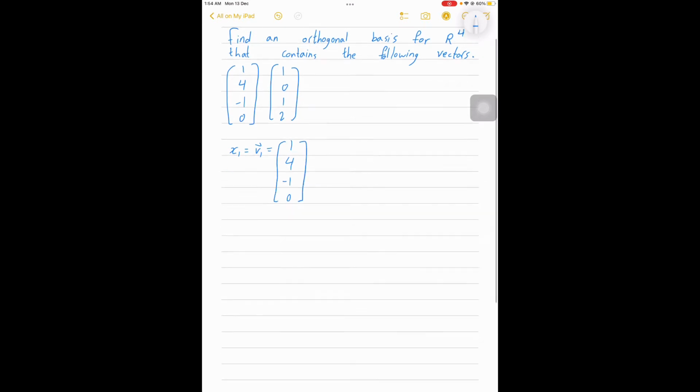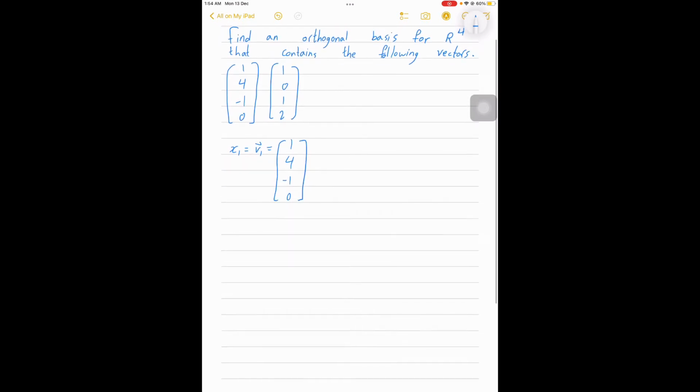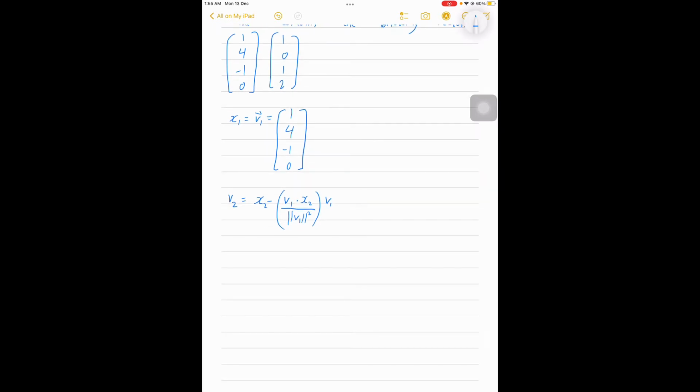Now you need v2, and v2 would be equal to x2 minus v1 dot x2 over the magnitude of v1 squared times v1. x2 is your second vector given over here.